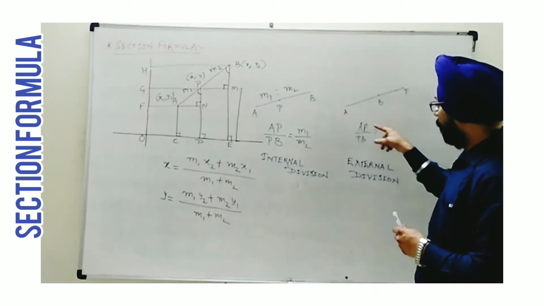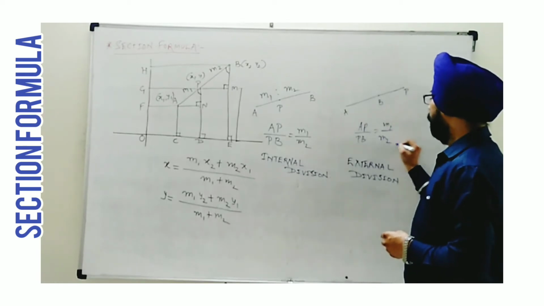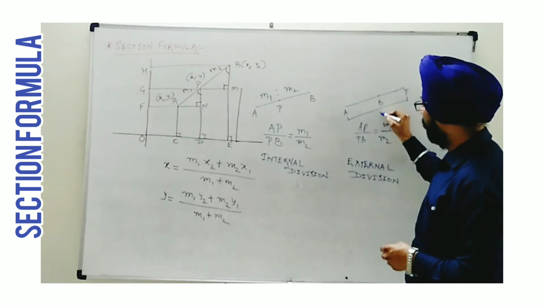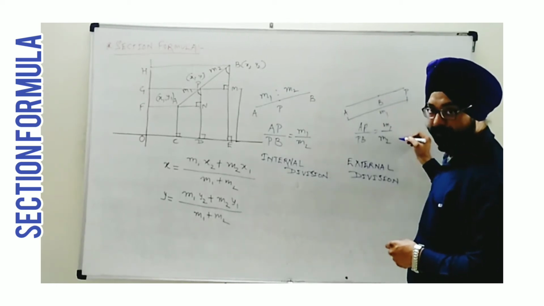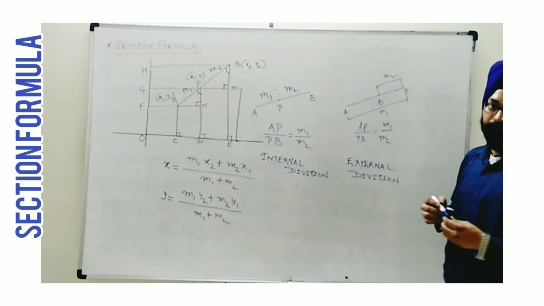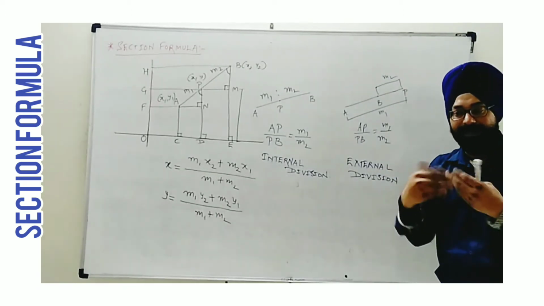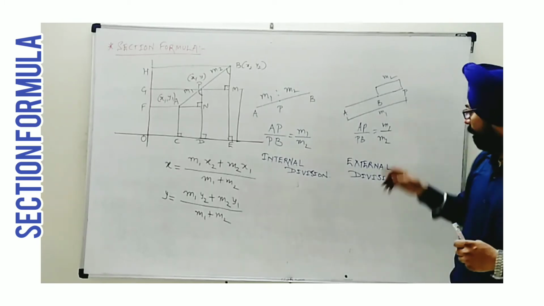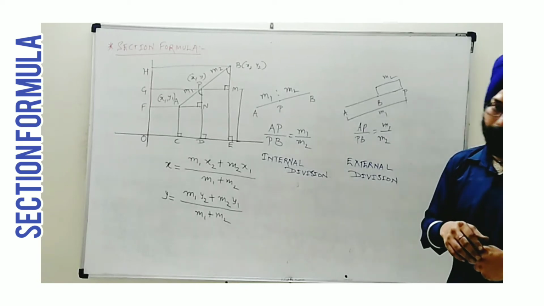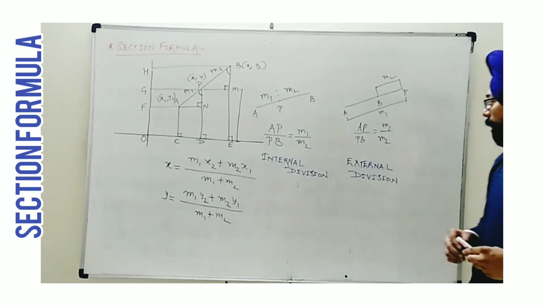And if I write AP is to PB is M1 upon M2, that means obviously this length we have taken as M1, okay, this length we have taken corresponding to M2. I am saying here, ratio M1 M2 does not mean that exact lengths are M1 and M2. The simplest form of these lengths will be found as M1 upon M2. Be careful while solving equations, this will be more clear to you.